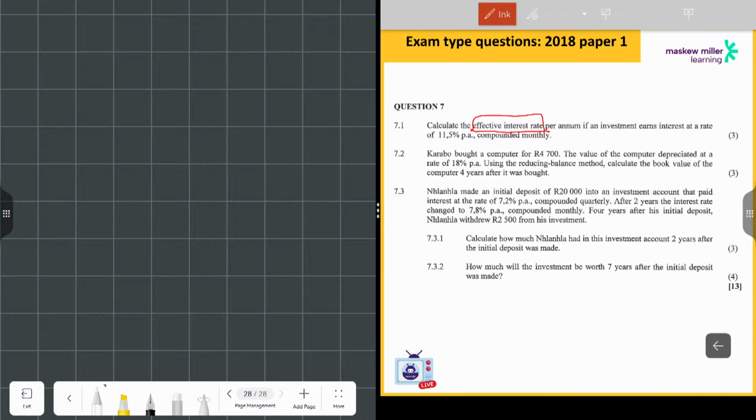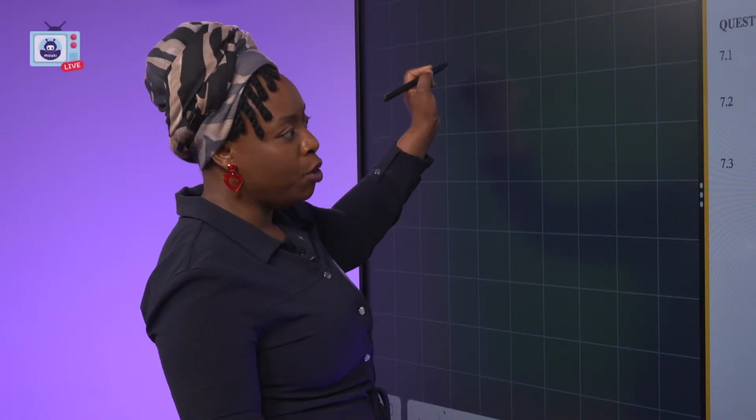That is the rate per annum if an investment earns interest at a rate of 11.5 per annum, right? So if they earn the interest of 11.5 per annum, but it's compounded monthly, there's only one formula for interest rate. So what you're going to do is just write your formula that you had.